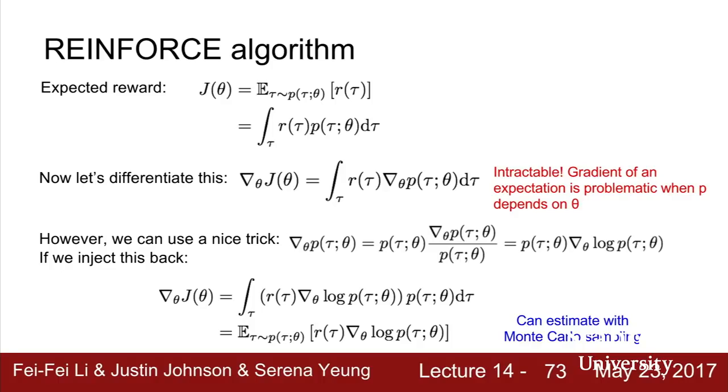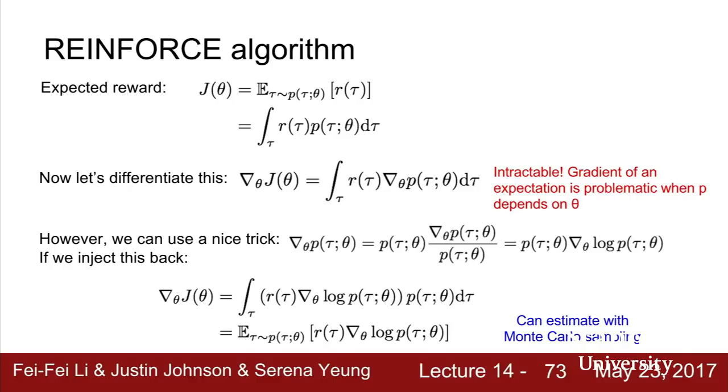If we inject this back into our earlier expression for the gradient, we now have a gradient of log p times the probabilities of all of these trajectories, integrated over tau. This is now an expectation over our trajectories tau.